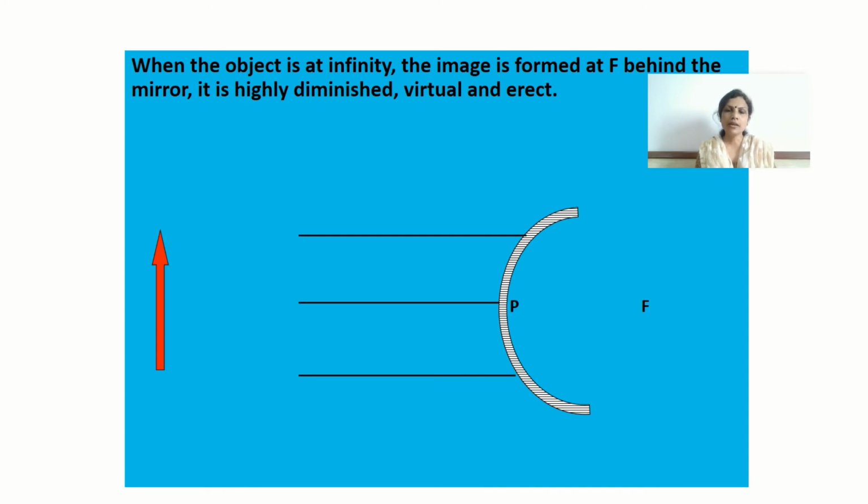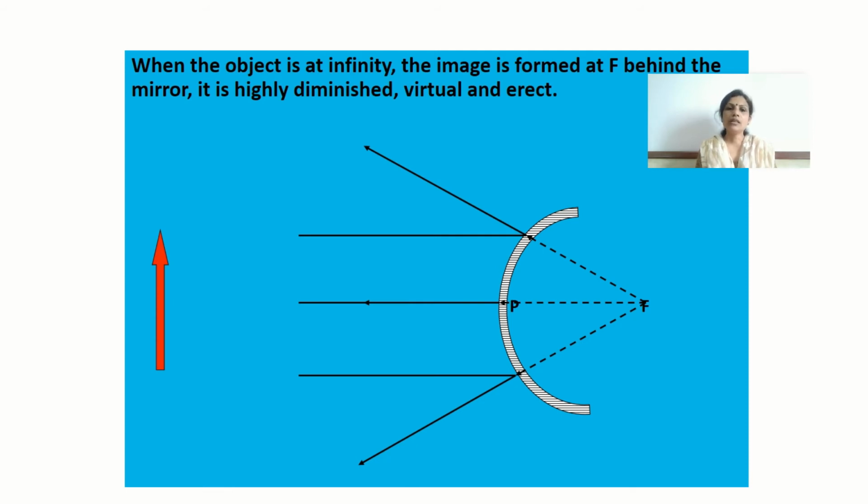For convex mirror, after reflection, the rays of light diverge like this, but it appears as if they are emerging from a point which is on the opposite side of the reflecting surface, which is focus. So in this case, the image is formed at focus. The image is highly diminished. It is a point size image. The nature of the image is virtual and erect.